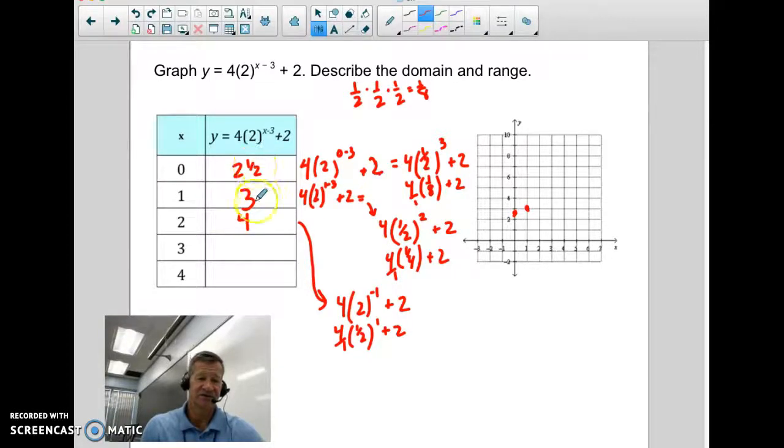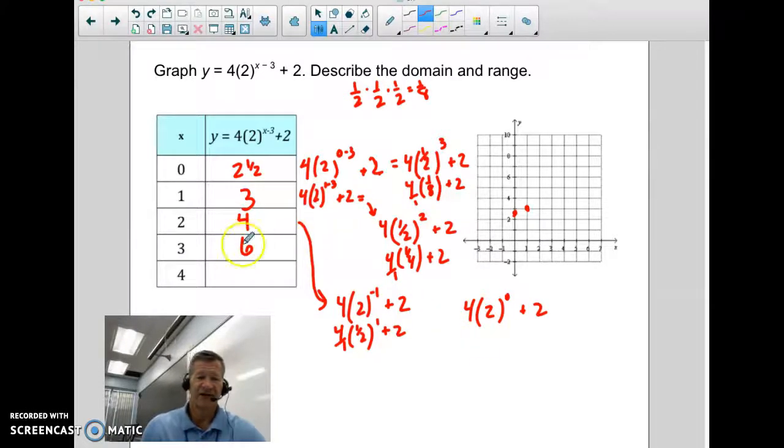Notice we still see it going up, just not by that number we thought it would go up by. Put 3 in here. 3 minus 3 is 0. Aha, well that's easy. We all know what anything to the 0 power is. That's going to be 1. So 1 times 4 is 4. 4 plus 2, that will be 6.